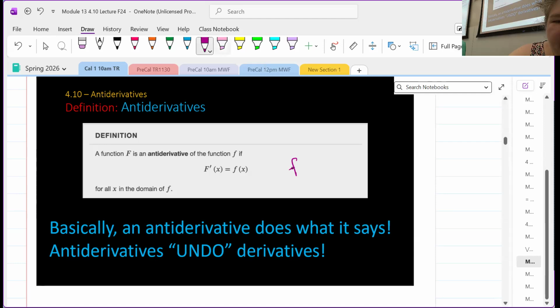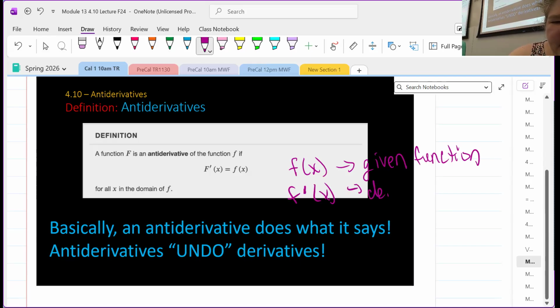So we're going to have f of x is our usually given function. f prime of x is the derivative, and then capital F of x is going to be the antiderivative.